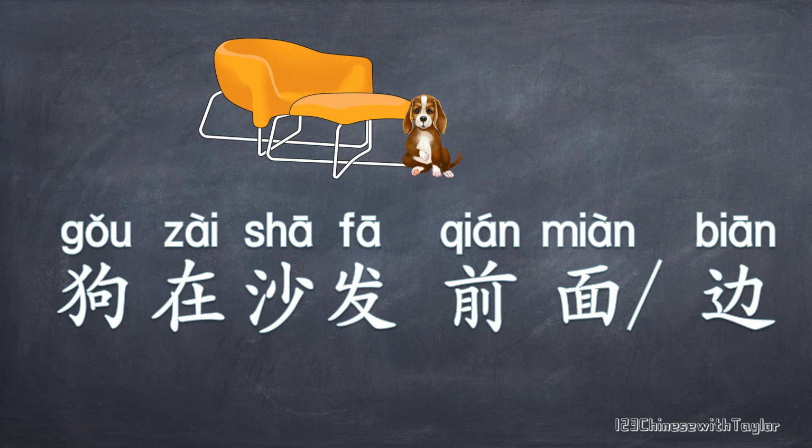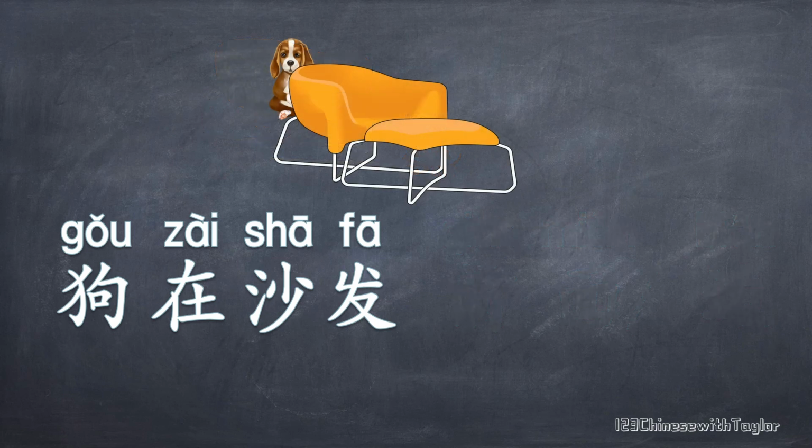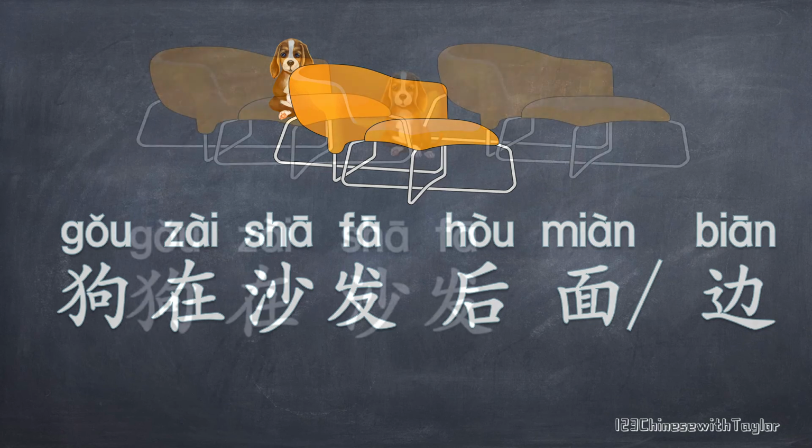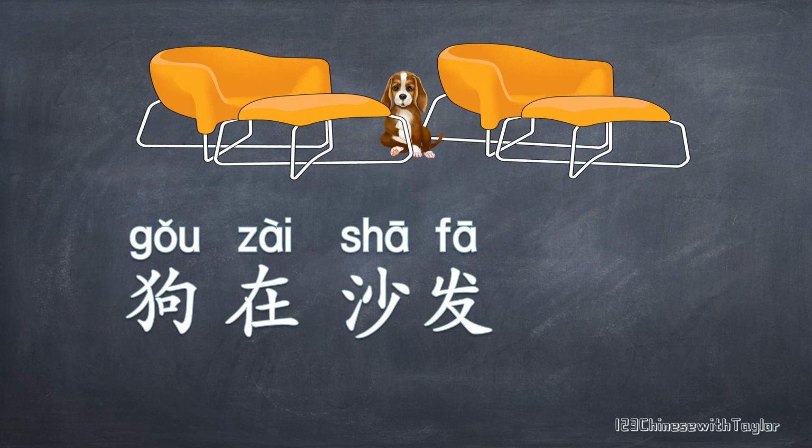Now the dog is hiding behind the sofa. Behind is a hole, like yo, hole. 后面，后边. So we say 狗在沙发后面 or 狗在沙发后边. Now we come to the special one.